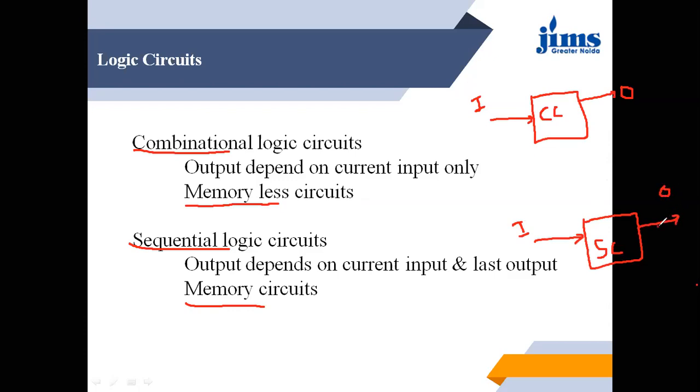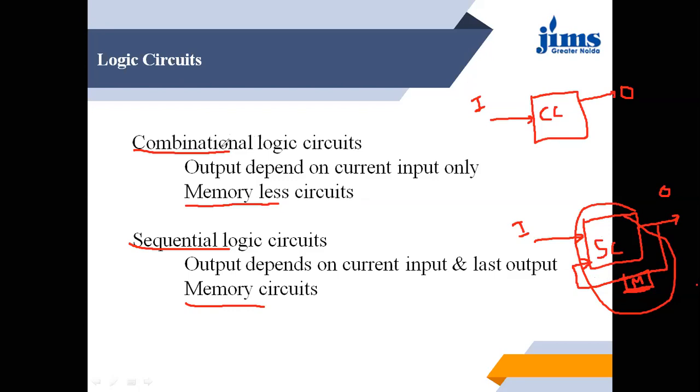We are giving some part of the output as an input. So it means that we are using a memory, where we are storing the last result of this circuit, and we are using the last result in the next input.